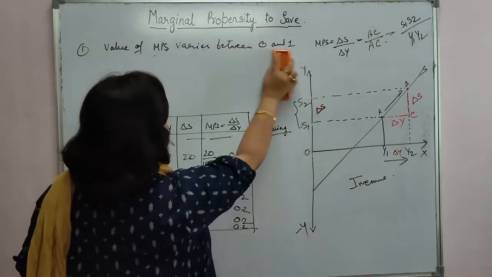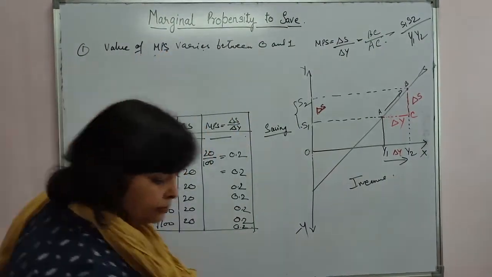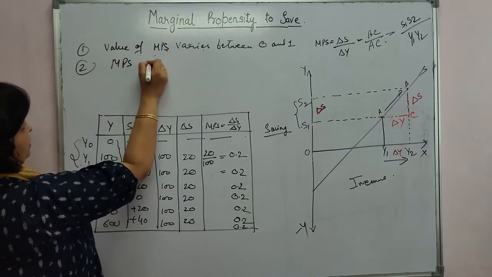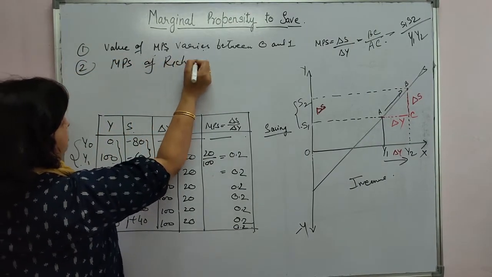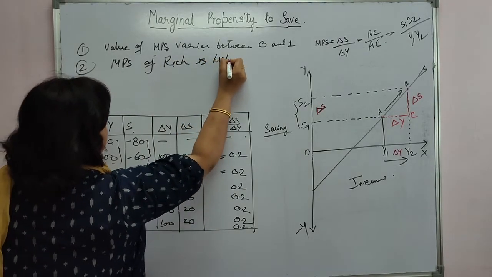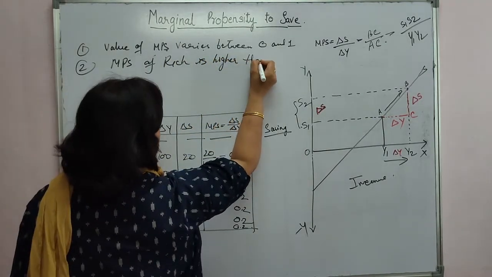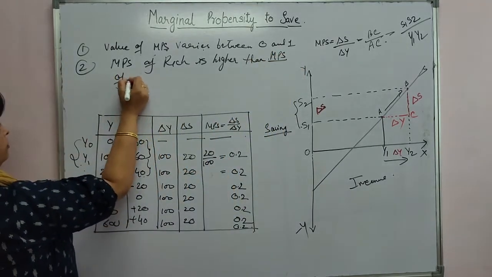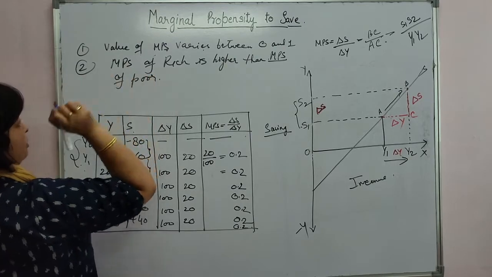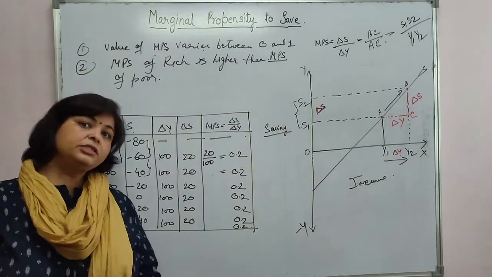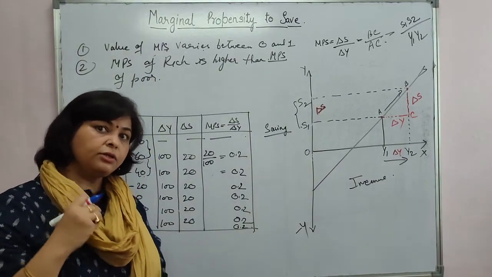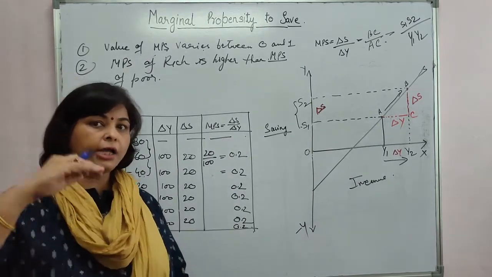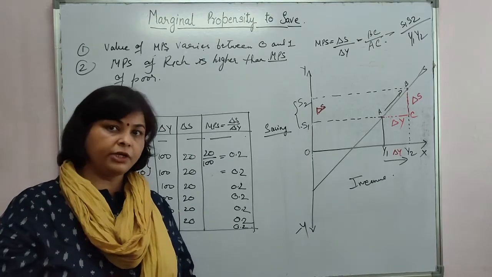Second observation is that MPS of rich is higher than MPS of poor. That means propensity to save is higher in the rich people, or the people with higher group of income.